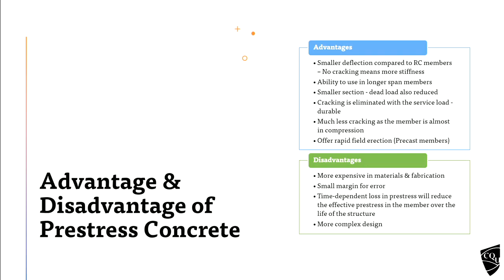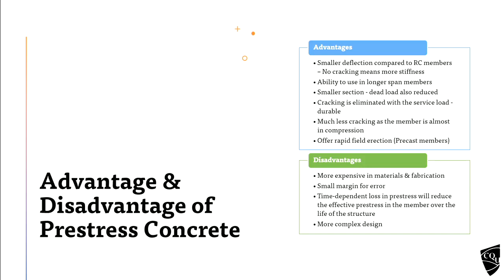So by reducing or eliminating the cracks, we have lots of advantages. No cracks means larger stiffness. More stiffness means better bending capacity. So we can go for longer spans. Then we can increase the length of the beams, because it can carry lots of bending moment, because stiffness is better.